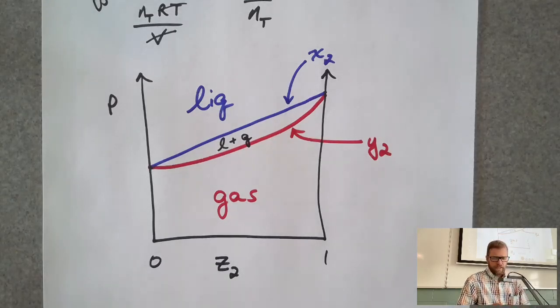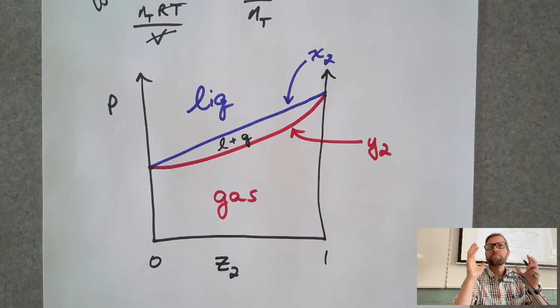Probably the best example of this with pure substances is the volume, right? So when you look at the volume phase diagram, you have that biphasic region. You guys notice that? No?